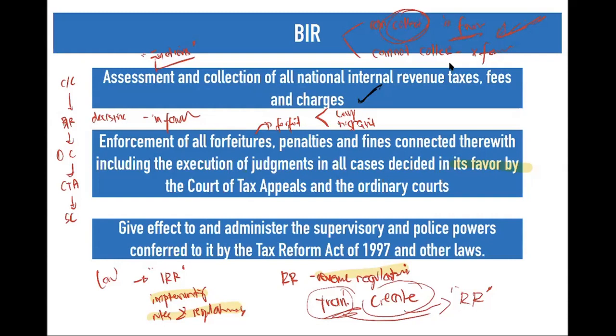Another power of the BIR, actually, I just included the main powers, these three. But another power of the BIR is, of course, to assign internal revenue officers and other employees to other duties.